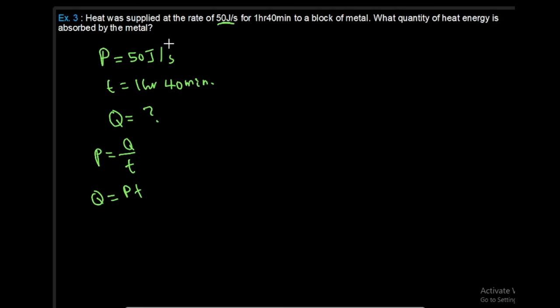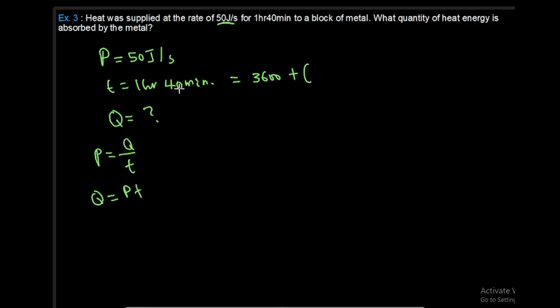All right, and power was given, but time here is in hours, 1 hour 40 minutes. So we need to convert everything here to seconds. To do that, we need to understand that 1 hour is equal to 3,600 seconds. That's a constant. So 1 hour 40 minutes is 1 hour plus 40 minutes. So we're going to have 3,600 seconds plus 40 minutes.